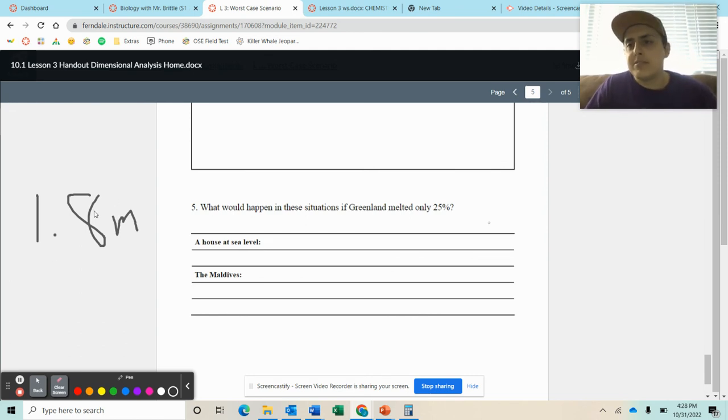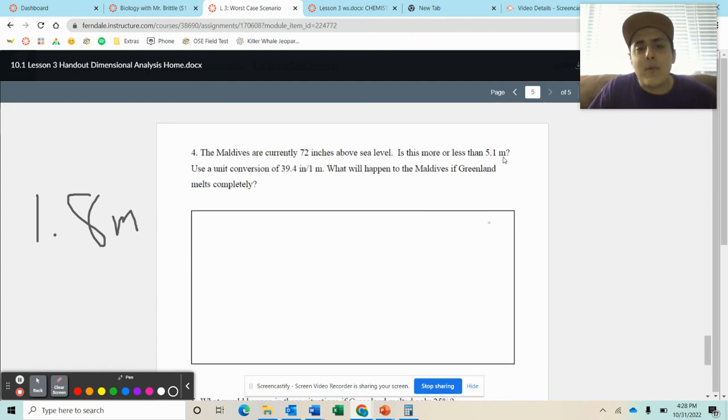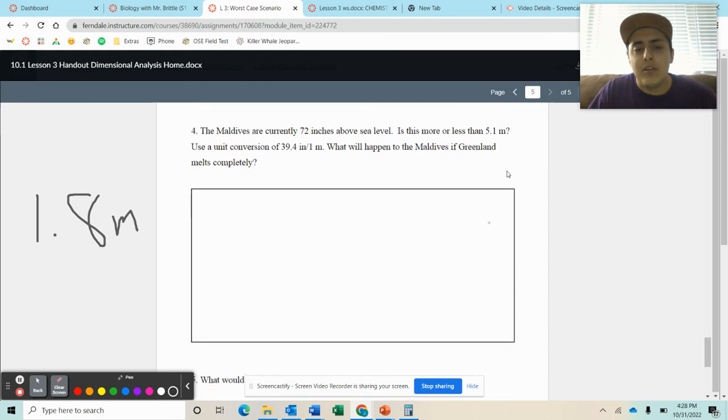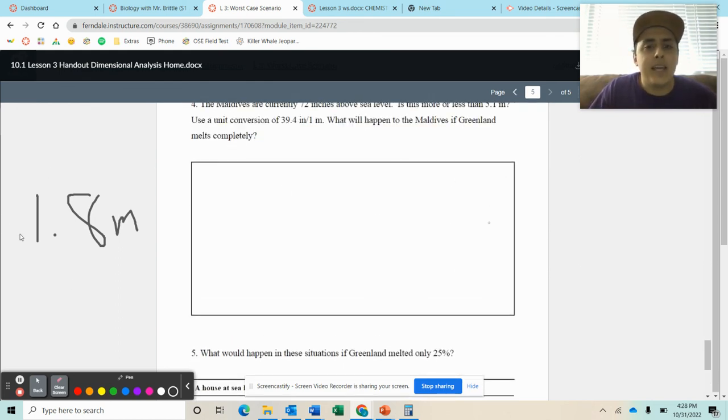It's at 0 meters. And if the sea level was to rise 1.8 meters, then yeah, they're going to be underwater. But these people here, I believe it says they're 5.1 meters above sea level. So are they going to be affected by a 1.8 meter rise? No, they're further above sea level than this sea level change.